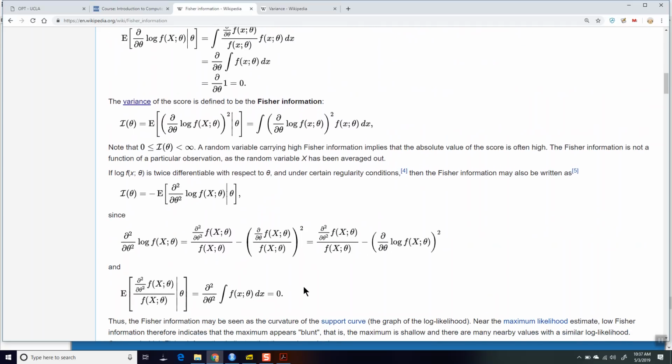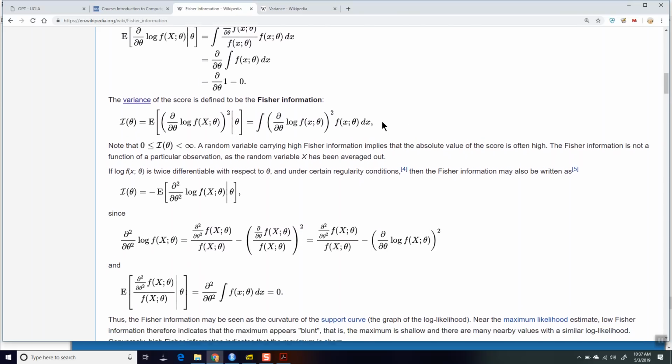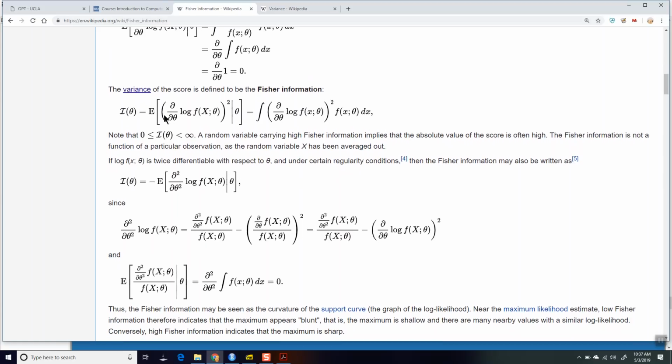Okay, well, thank you, Wikipedia, for saving me the embarrassment of trying to explain myself out of something. So this is how it relates the first derivative with this, under certain regularity conditions.